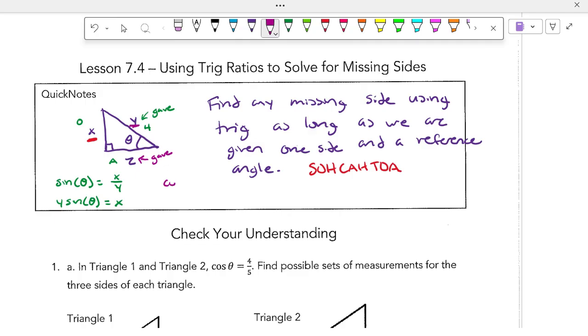So this would be cosine of theta is equal to z over y. So if I'm solving for y, that means y is equal to z over cosine of theta. So remember, depending on what you're trying to solve, so here we were solving for x, here we were solving for y, that depends on whether you're going to be multiplying the other number to your trig ratio or dividing that number by your trig ratio.